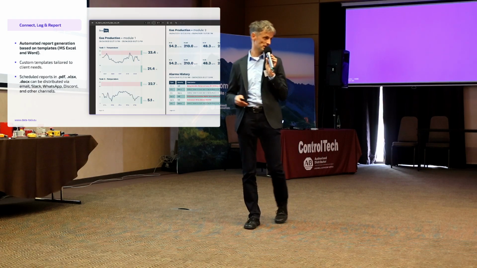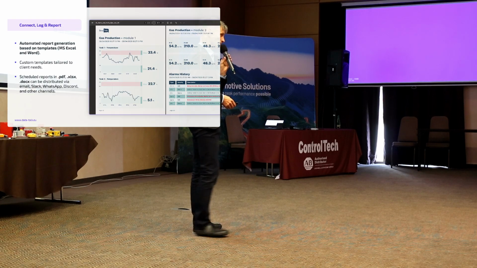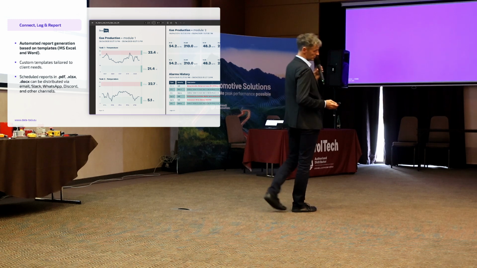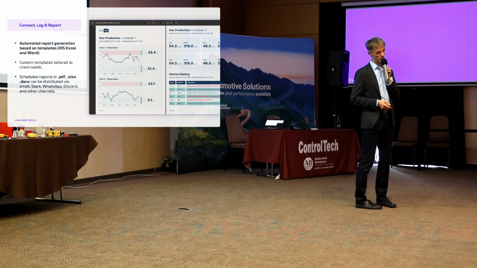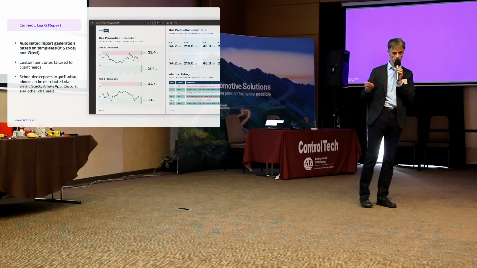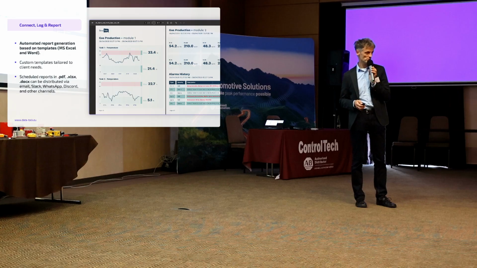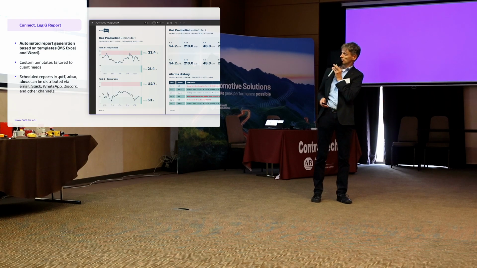The report can again be sent to any service, it can be emailed, or it can be stored on the server. The key advantage here is that the creation of reports is very simple. You are using Excel or Word with all the formatting options Word offers. So doing the report is very, very easy.